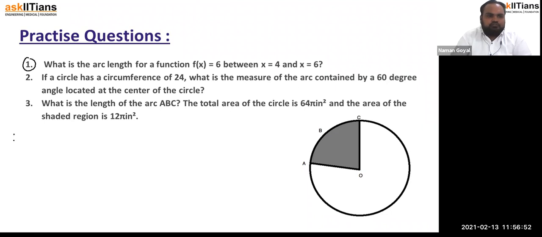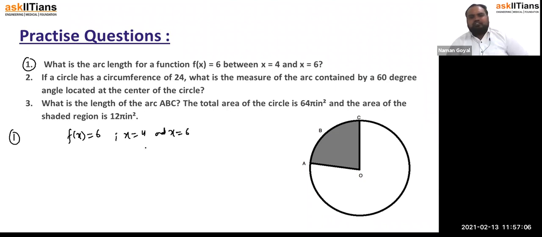Okay. First question. In this question, what is the arc length for a function f(x) equals 6 between x equals 4 and x equals 6? Now let's see. You can take f(x) as y equals 6.